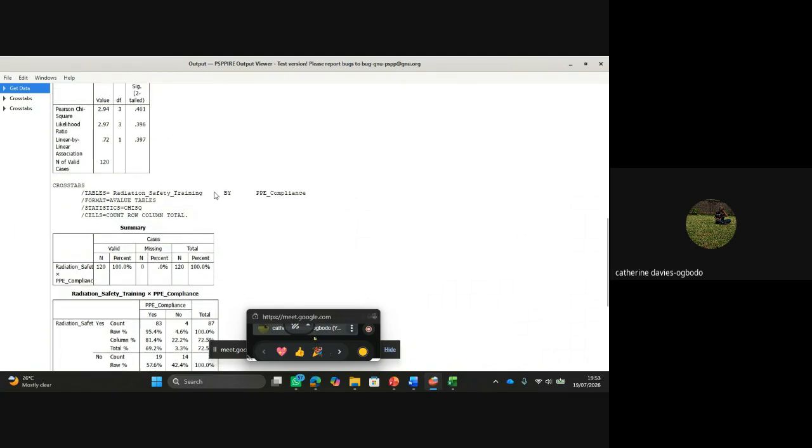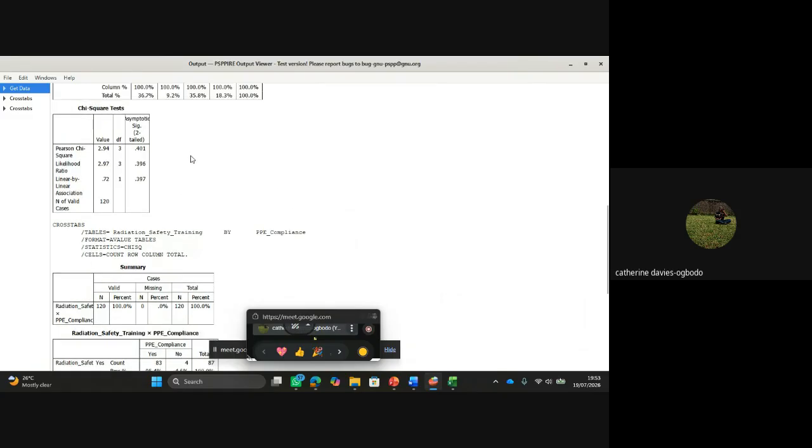Now, something I didn't mention before, because the two things had given us the same results, is that when you are doing a chi-square test, everything on this Pearson chi-square row is important: the value, the degrees of freedom, and this asymptotic two-tailed significance.